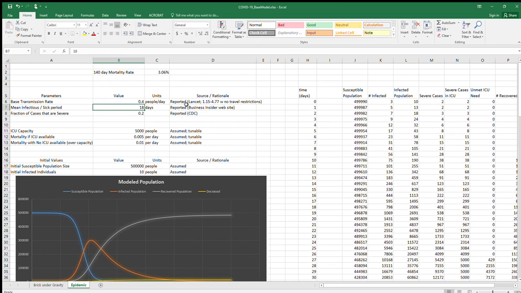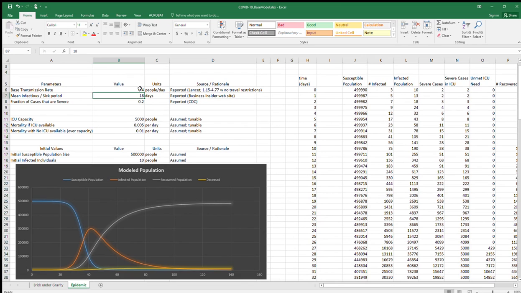And, well, look what happened. When we made it 0.4, the qualitative shape of this actually changed. So it went from being a high peak over 400,000 individuals sick on day 18 to the peak happening at around 300,000 individuals out at around day 40.